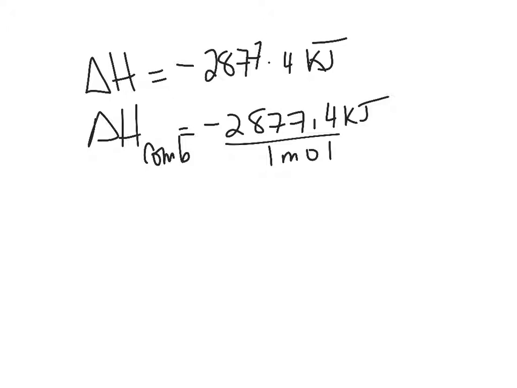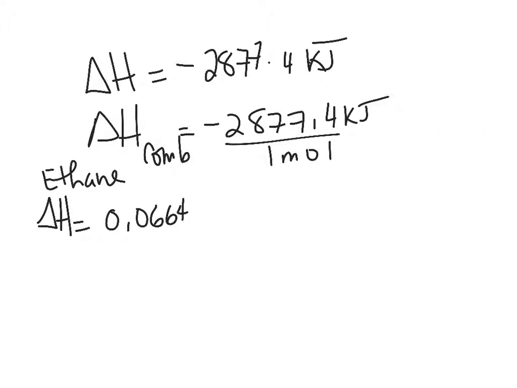So, if we do ethane, we had 0.066489 moles, and our molar enthalpy was negative 1560.6 kilojoules per mole.